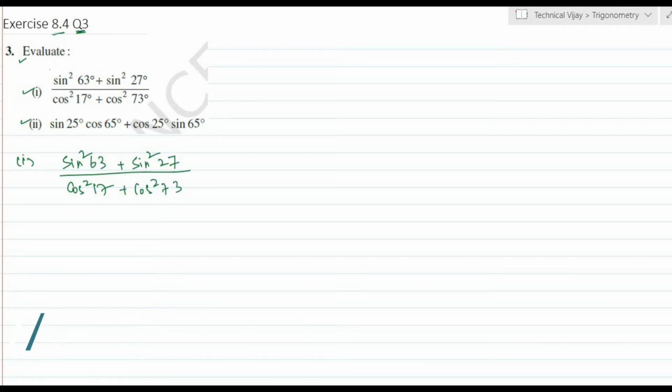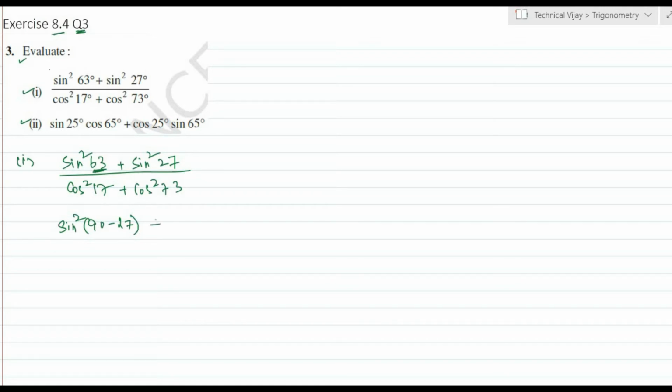Here we have to convert these to a single term. Sin square 63 can be written as sin square of 90 minus 27, because 90 minus 27 will be 63. We convert one of the sin terms into cos so that sin square theta plus cos square theta we can make equal to 1.